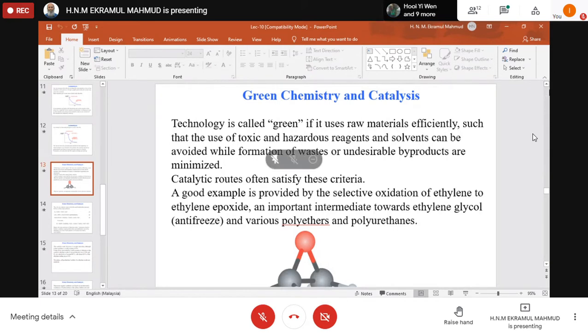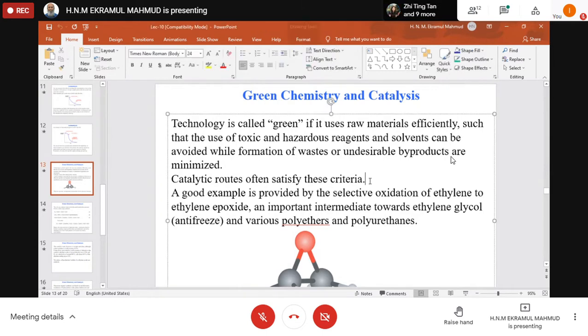So the raw materials we use, even the solvents, should be minimized, such that the use of toxic and hazardous reagents as well as solvents can be avoided, while formation of waste or undesirable byproducts is minimized. So this is green technology, right? So the catalytic routes often satisfy this criteria.